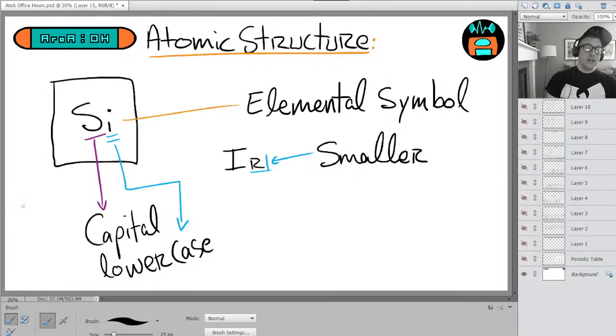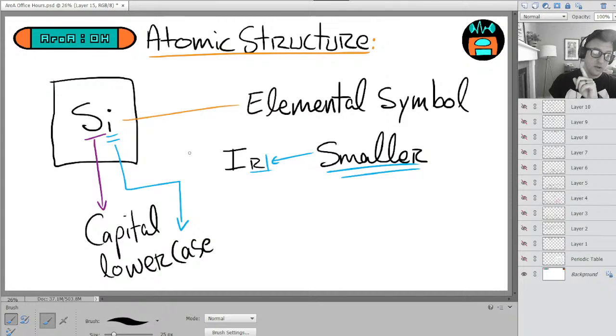I'm not going to grade you. You're not going to lose points if you write a capital letter for the second letter in the symbol. You will lose points if it isn't smaller. This also goes if you write a lowercase letter that isn't smaller than the capital letter you wrote next to it. If it can be a capital, but it has to be smaller. If it's not smaller, you'll lose points.